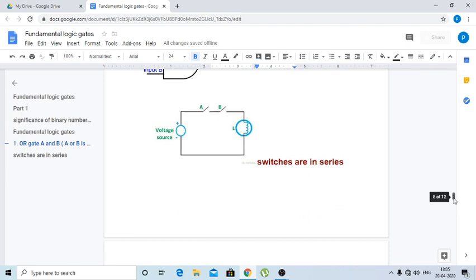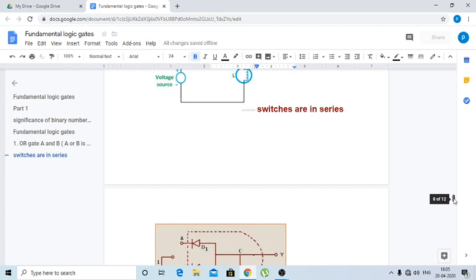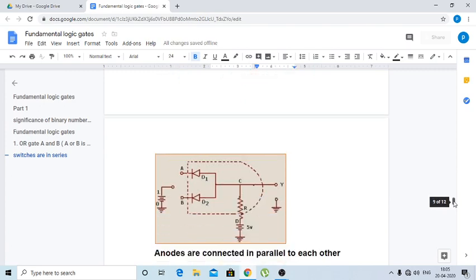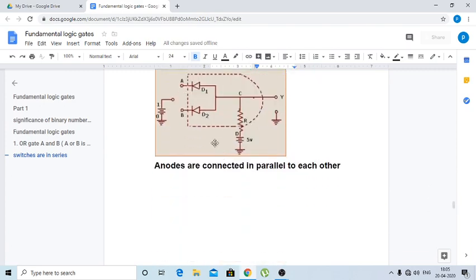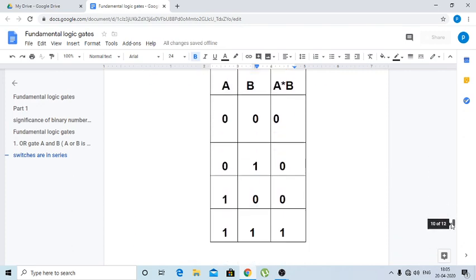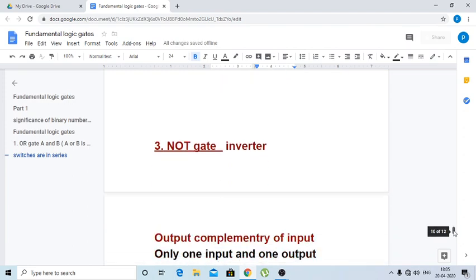This is the reason why the output is high only when the two inputs are high, and this is the circuit diagram of the AND gate. The anodes of the two diodes are connected in parallel to each other. Coming to the truth table of the AND gate, only when both inputs are high, output is high. This is the reason why it equals multiplication of A and B.